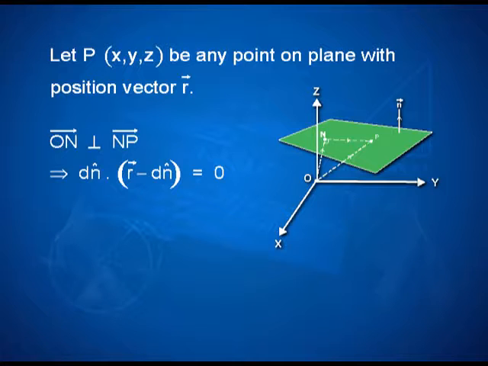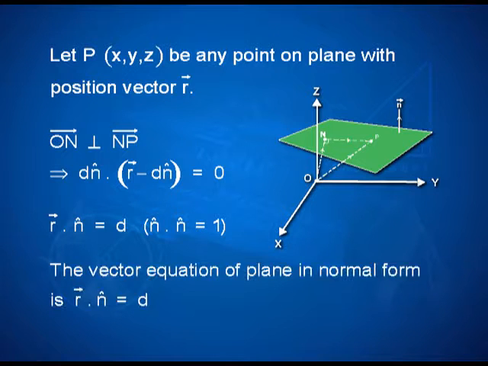So, you do get d n cap dot r vector minus d n cap equal to 0. As we simplify this, I get r dot n cap equal to d, and this is what is known as the vector equation of plane in normal form.